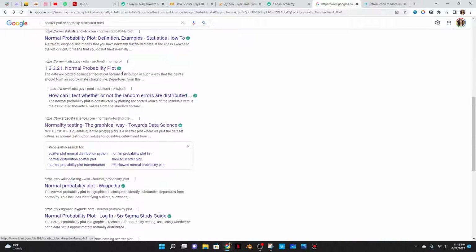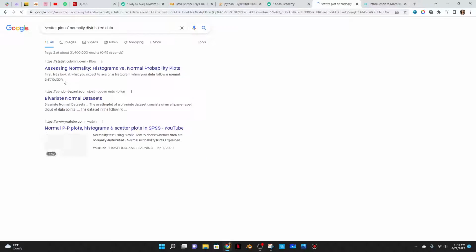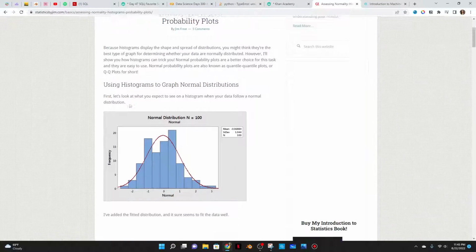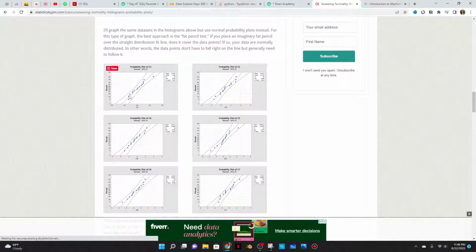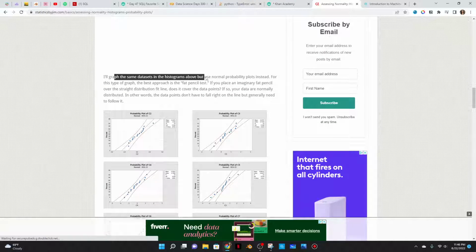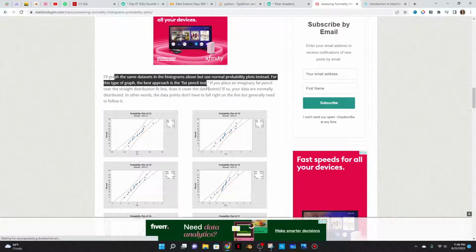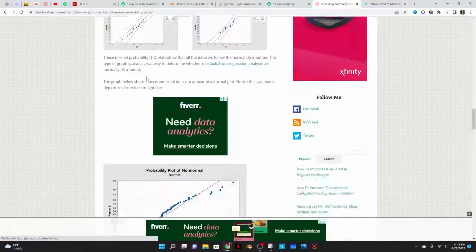No. I'll graph the same datasets in the histograms above, but use normal probability plots instead. For this type of graph, the best approach is the fat pencil test. If you place an imaginary fat pencil over the straight distribution fit line, does it cover the data points? Blah, blah, blah.